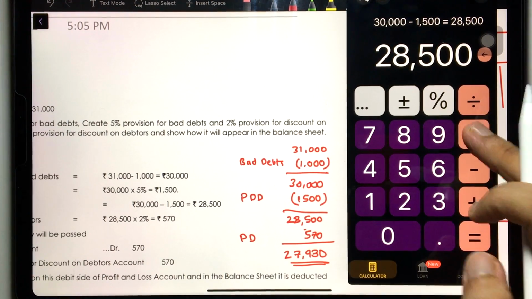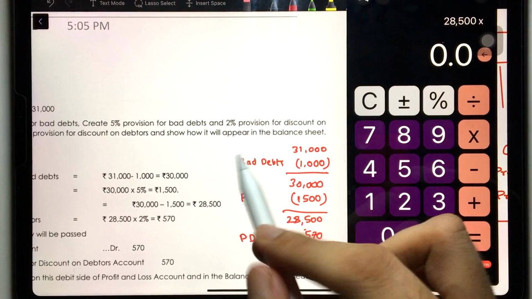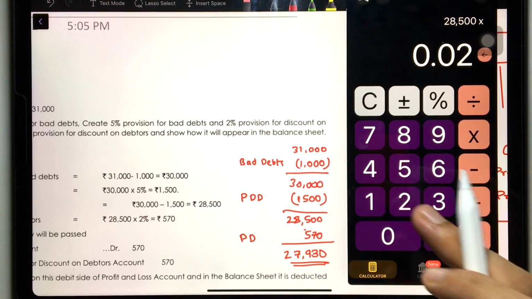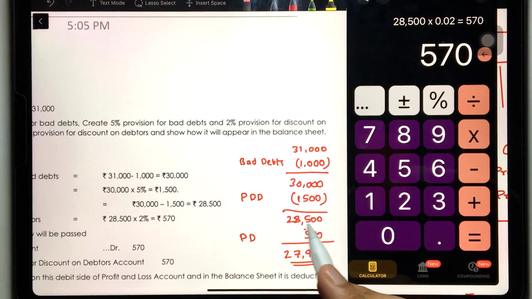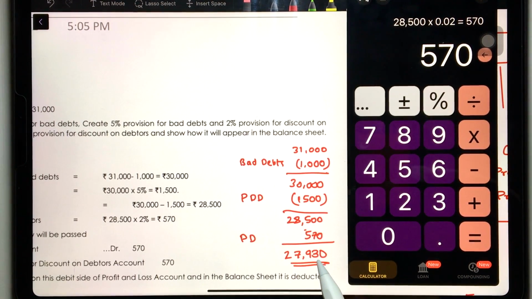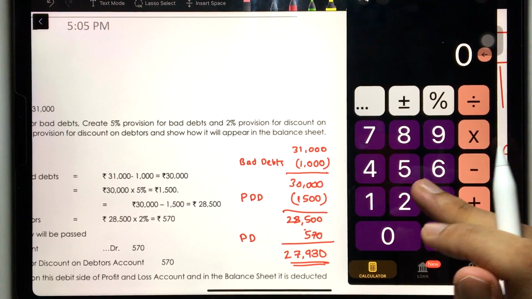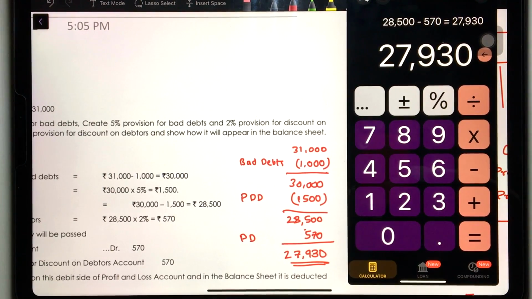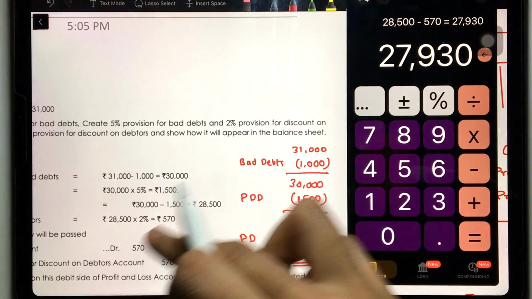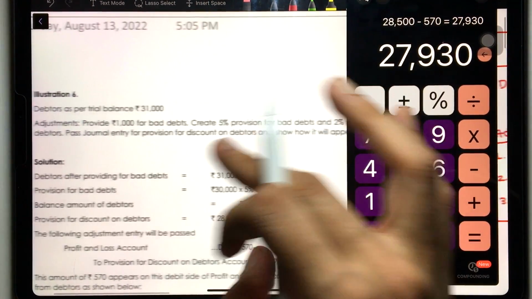So on this we will calculate 2%, that is 0.02, which equals 570. So 570 is the provision for discount. Is that clear? 28,500 minus 570 equals 27,930. Simple. The same thing they have done over here.